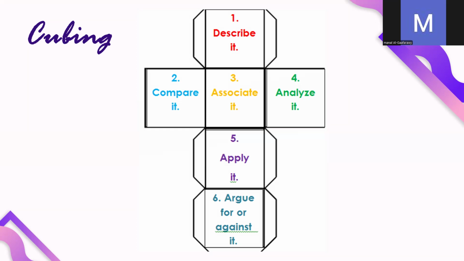So for example, in describing the giraffe, students may say it is tall, or it's not short, it is big, or it's not small. Compare it: try to compare the giraffe with another animal. Okay, maybe similar or different. So here I want my students to focus on the similarities or differences.